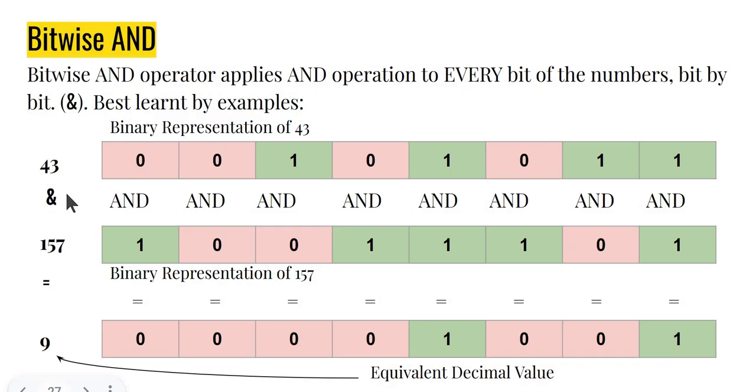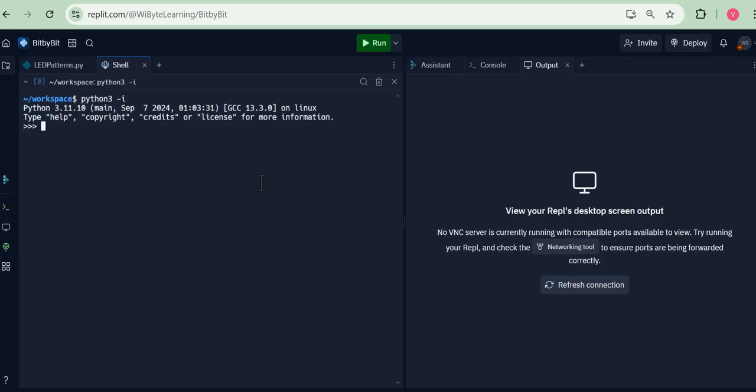The symbol is this ampersand. Now, the way it works is, like I said, 43 in binary is 00101011. We can in fact see this from here. If I did bin of 43, it's 101011. But that's basically 6 bits, and remember, I want to represent this as an 8-bit number.